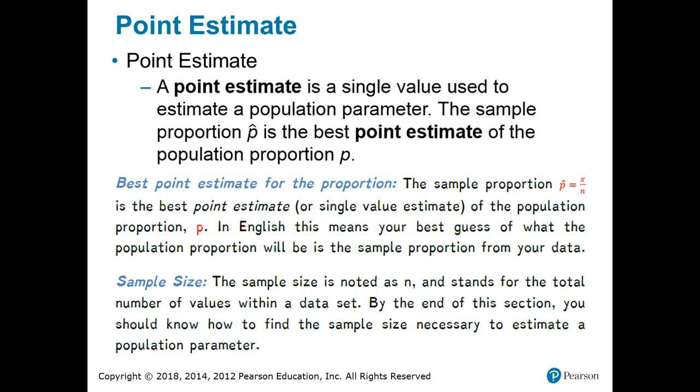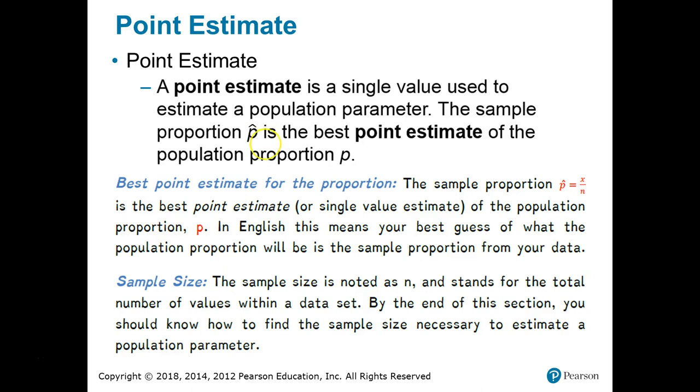A point estimate is a single value used to estimate a population parameter. The sample proportion, which we denote as p hat, is the best point estimate of the population proportion p.